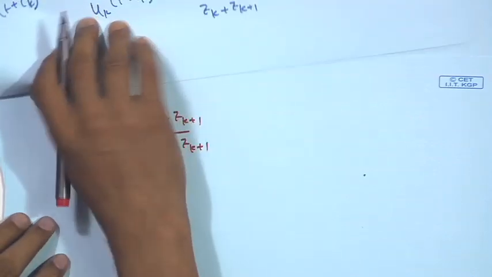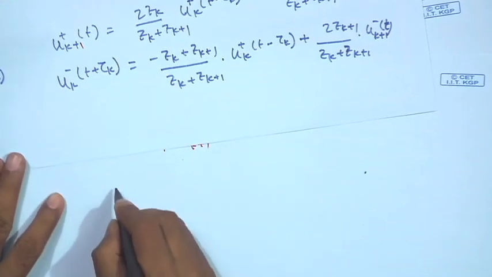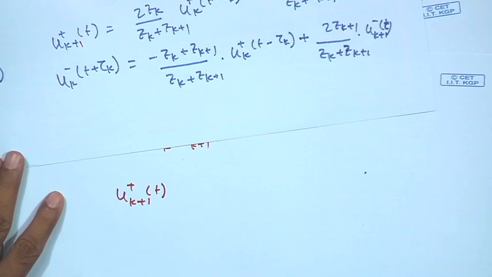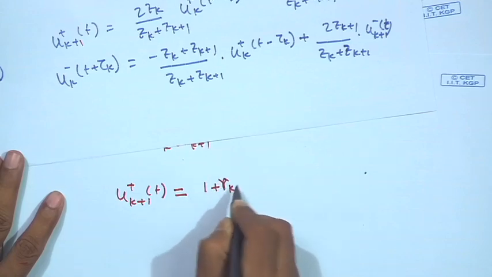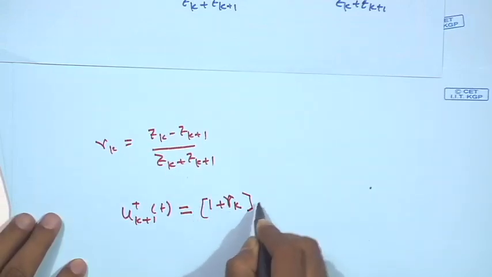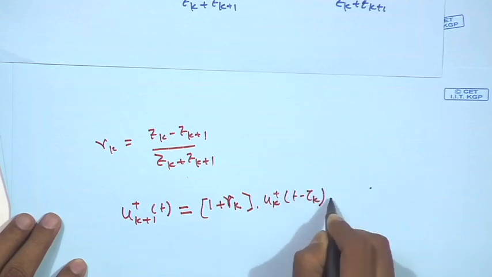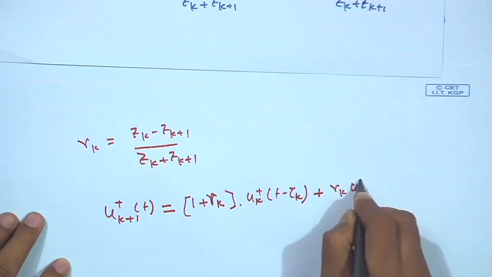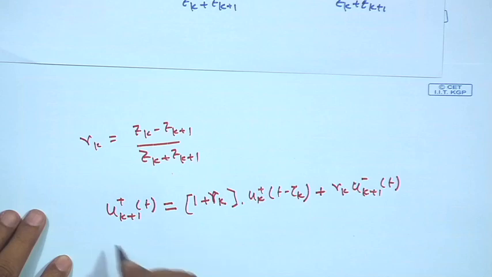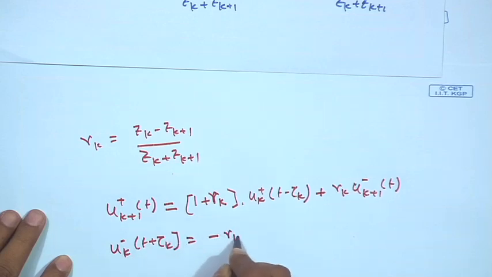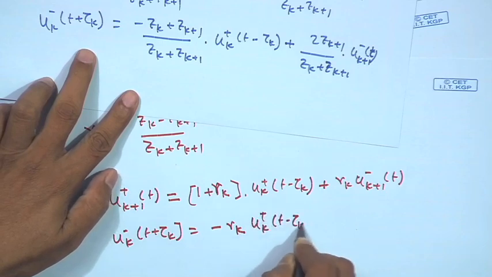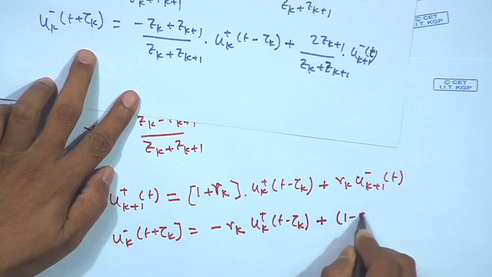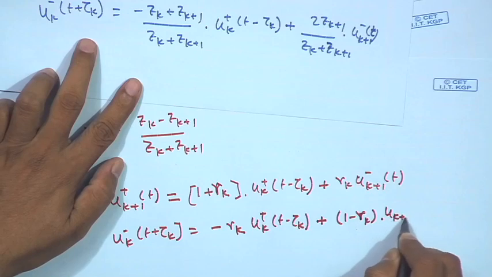If this is r_k, then I can say this expression: the forward wave at the (k+1)th tube will be u_{k+1}^+(t) equals (1 plus r_k) into u_k^+(t minus tau_k) plus r_k into u_{k+1}^-(t). And u_k^-(t plus tau_k) will be equal to minus r_k into u_k^+(t minus tau_k) plus (1 minus r_k) into u_{k+1}^-(t).